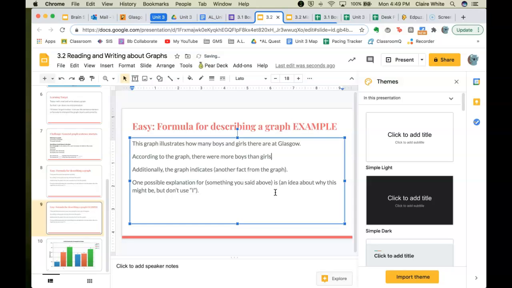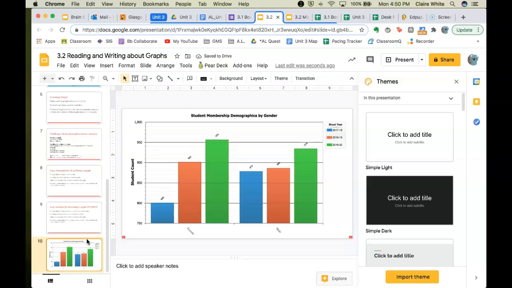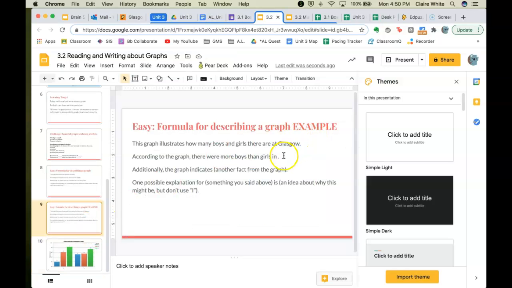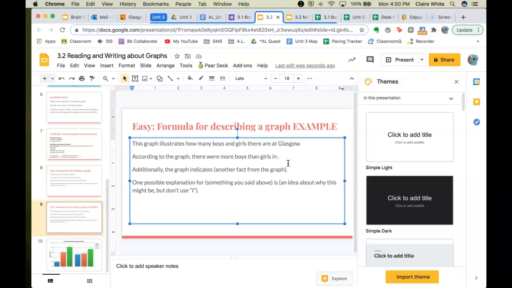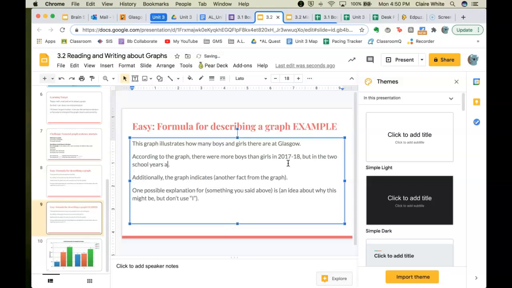See the A in than because I'm comparing. In 2017 to 18. See how I have to go back to look? But in the 2 school years after that, there have been more girls.